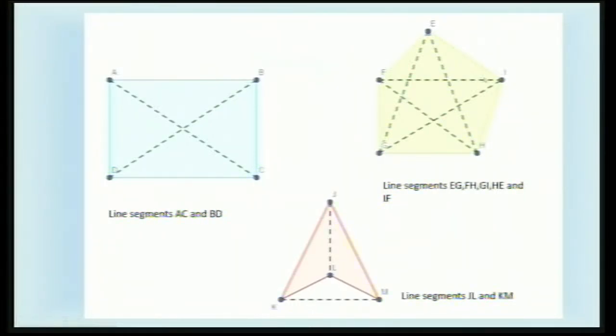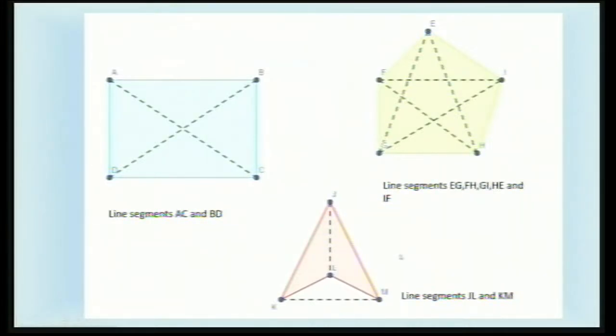Similarly, with respect to each vertex, I am trying to locate the non-consecutive vertices and connect them with line segments. And hence I end up with all these line segments, which I have listed here. Now coming to the fourth figure, here it is a quadrilateral. Again, the non-consecutive vertices happen to be J and L, and then the other set is K and N. So I have joined them using line segments.